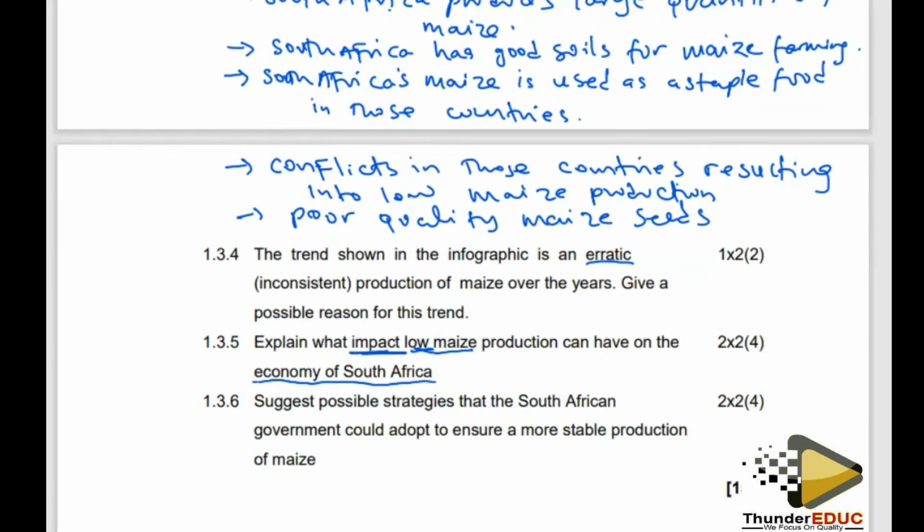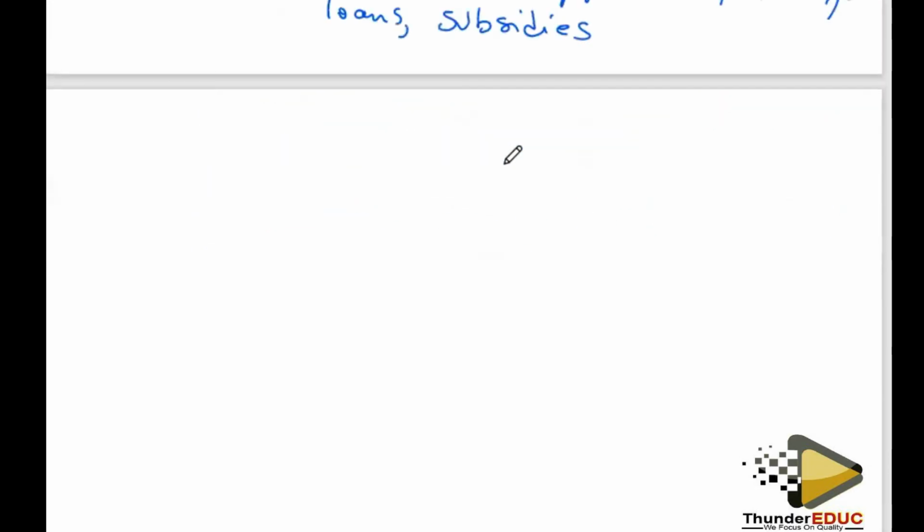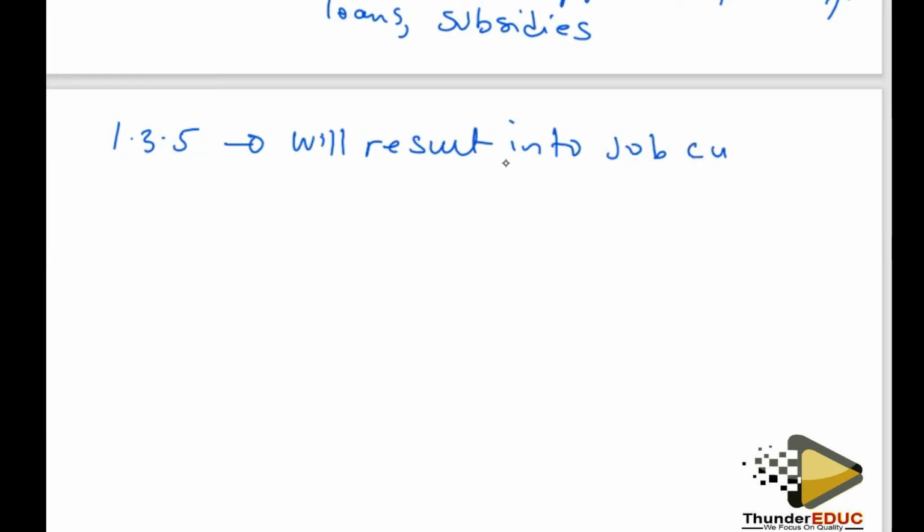Let's use the blank page. Answer 1.3.5. Low maize production will result into job cuts, creating more unemployment.